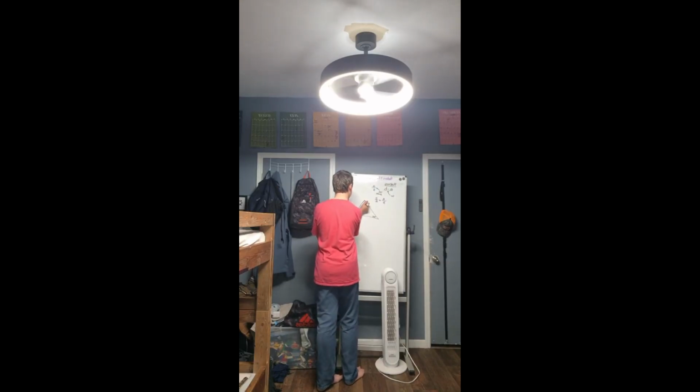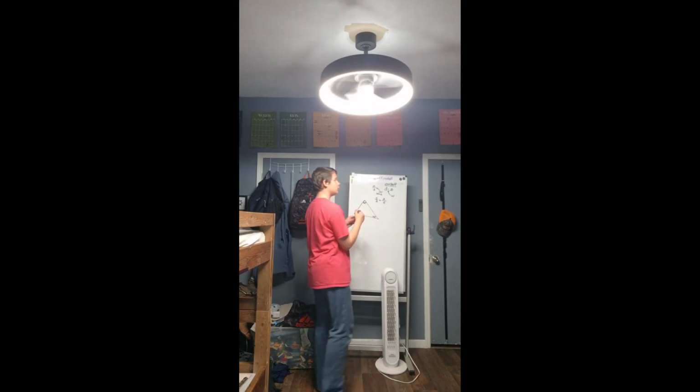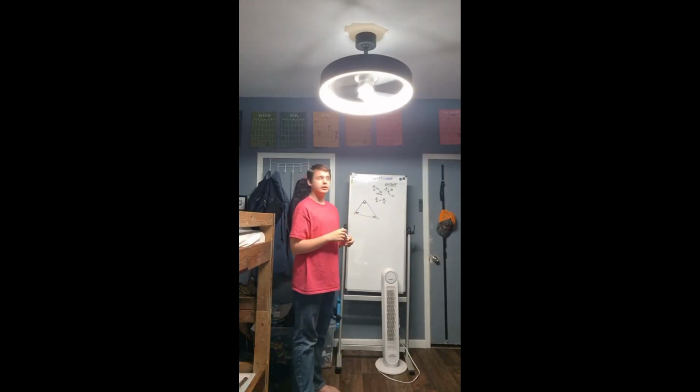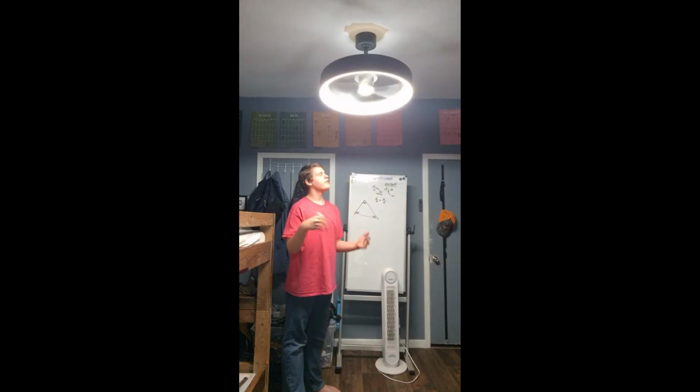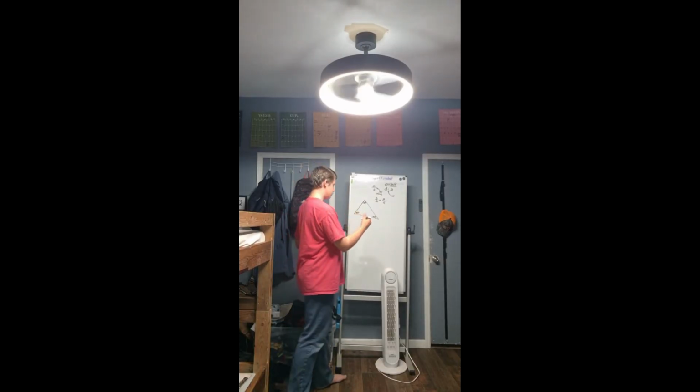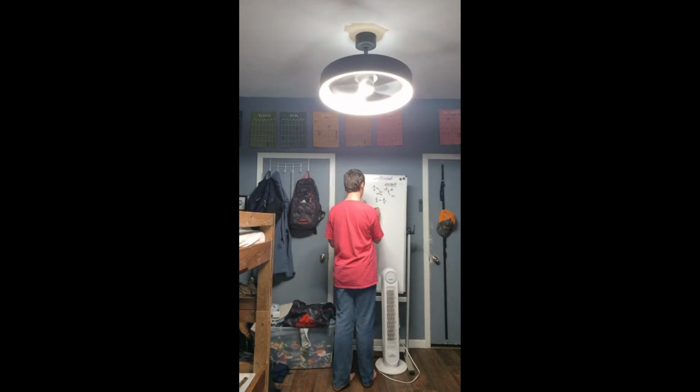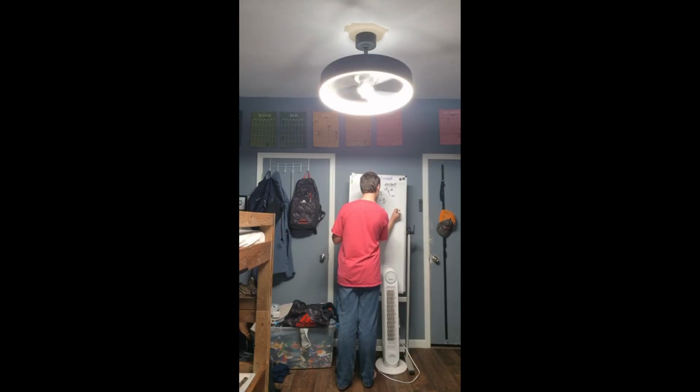And we have 5x. So we do not need to find out x. But for the triangle ratio, it's A to B to C. This also is 3 to 4 to 5.